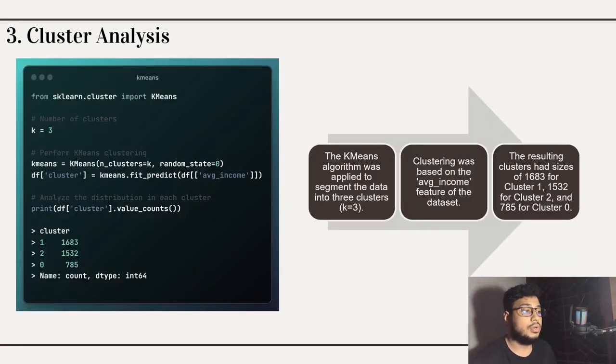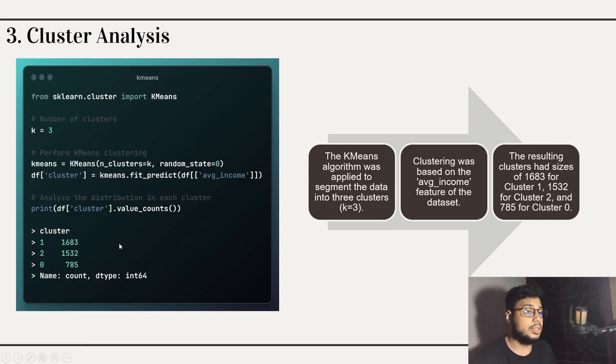For that, I'm using Python to implement the cluster analysis. At first, as you can see from the code, I am loading the library KMeans from sklearn.cluster, and then I am defining the number of clusters. I only want three clusters for the income segment.